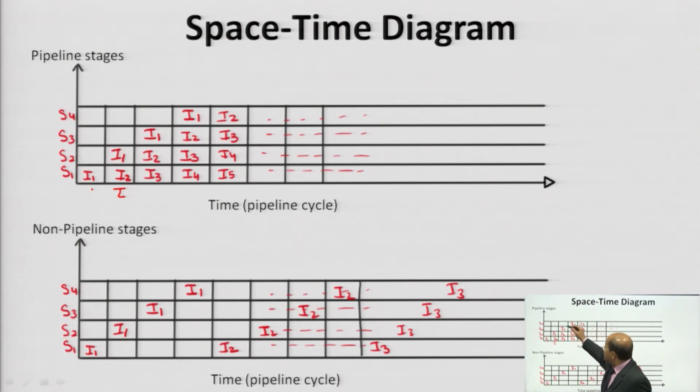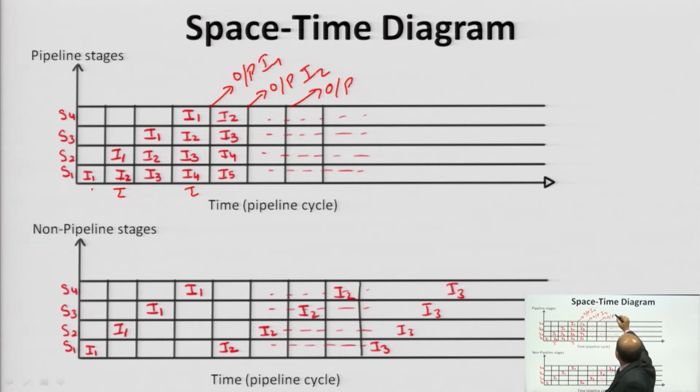Now, three segments are working in parallel with the common clock cycle, and in the fourth clock cycle all four stages are working in parallel. After this fourth clock cycle, the first output will be produced by the system, that is the output of the first instruction. After the first instruction, you can observe that every clock cycle this system will produce an output, output of I3, and so on.